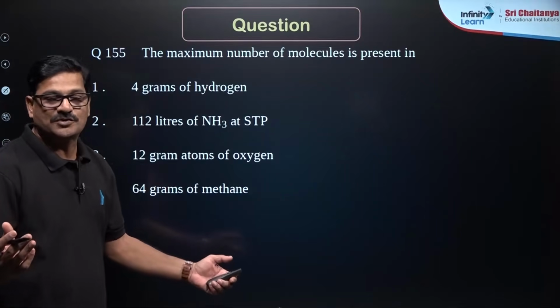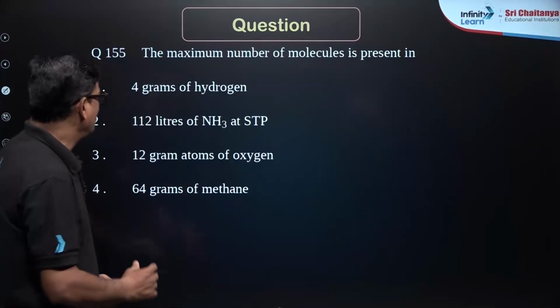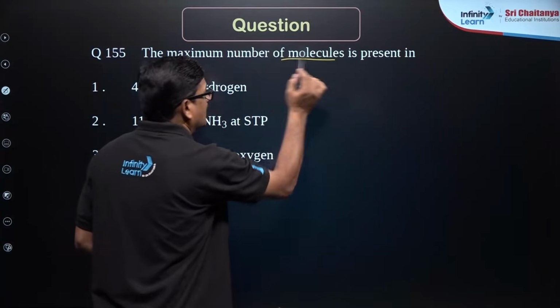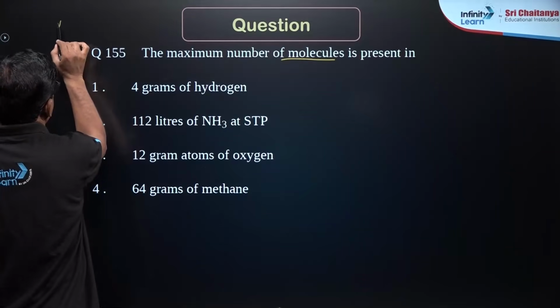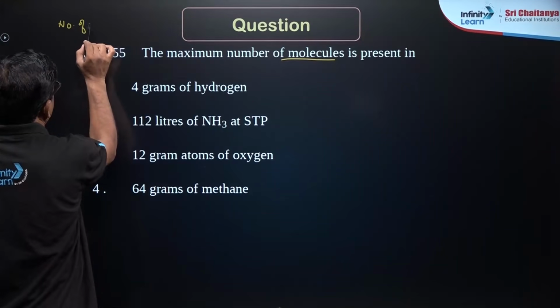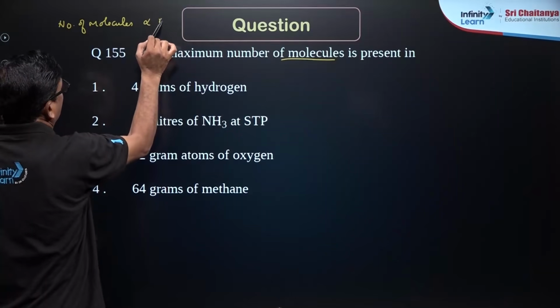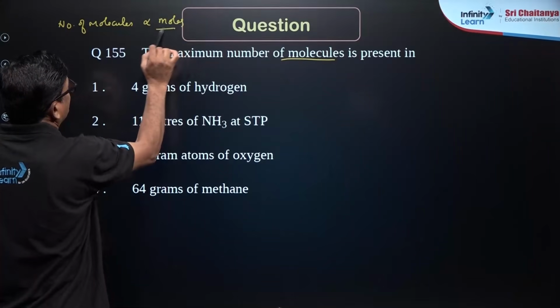Students, it is a question based on the mole concept. Here it is asking about the maximum number of molecules present. The number of molecules is directly proportional to the number of moles.